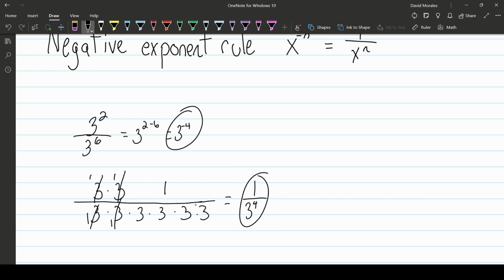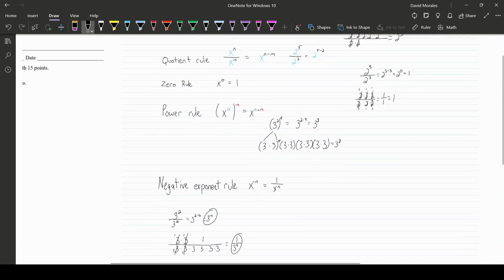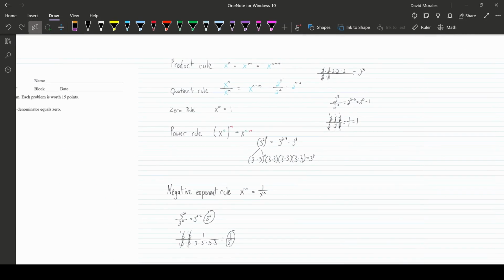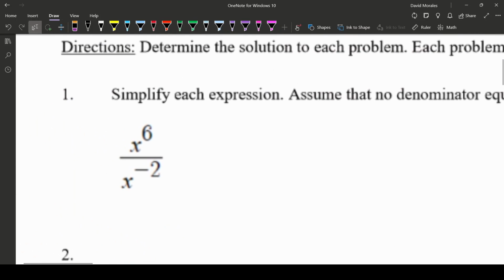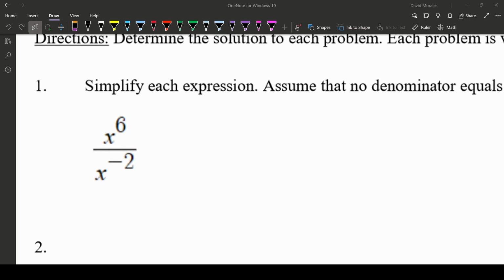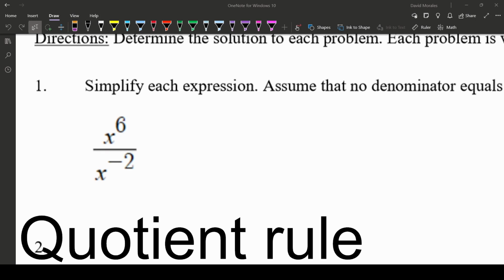Now that we have covered our rules, let's go ahead and apply this knowledge to our problems. I'm going to have to write these rules so that you see how these rules are applied as I do them. So if I have x to the 6 divided by x to the negative 2, the quotient rule is going to be applied.